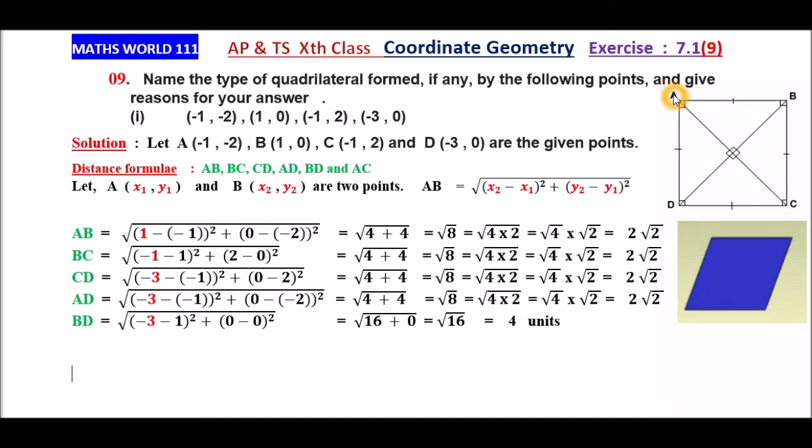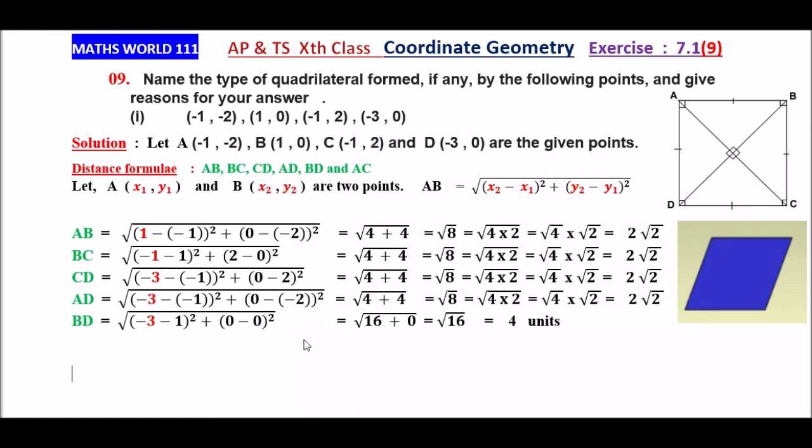AC is nothing but the distance between the points A and C, where A is minus 1 comma minus 2 and C is minus 1 comma 2. So from the distance formula, A minus 1 comma minus 2 is x1 is equal to minus 1, y1 is equal to minus 2, and C is minus 1 comma 2. So x2 is equal to minus 1, y2 is equal to 2.